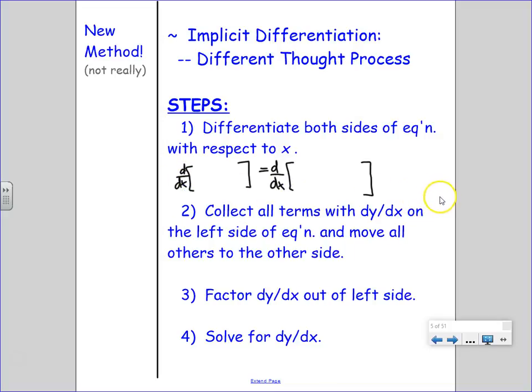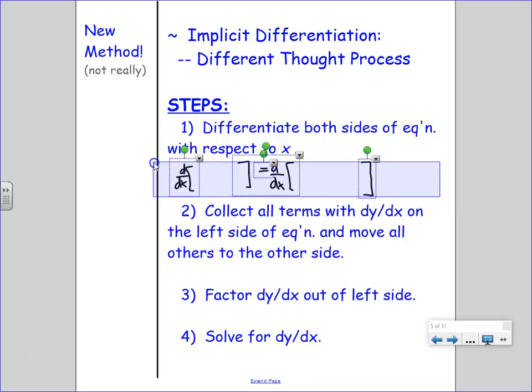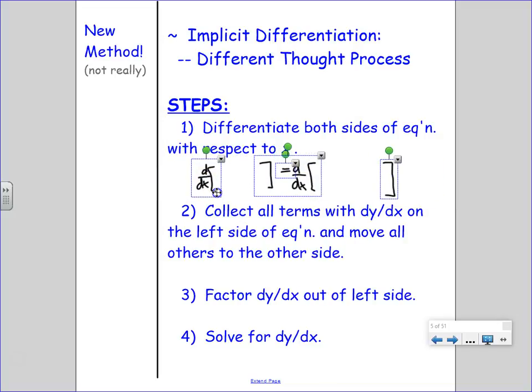Step number 2. Collect all the terms. Uh-oh, that sounds scary. Collect all the pieces, all the terms that have a dy/dx. So you have to look through. Probably simplify a little bit, probably multiply stuff out just a little bit. Collect all the terms that have dy/dx on the left. Basically, simplify away anything that does not have a dy/dx on it to the right.